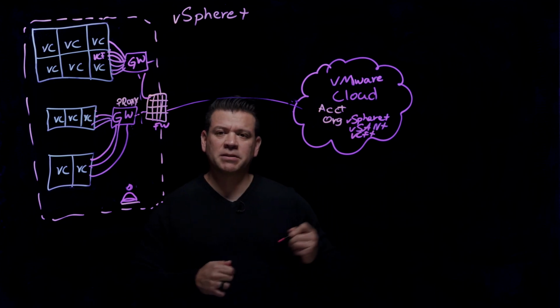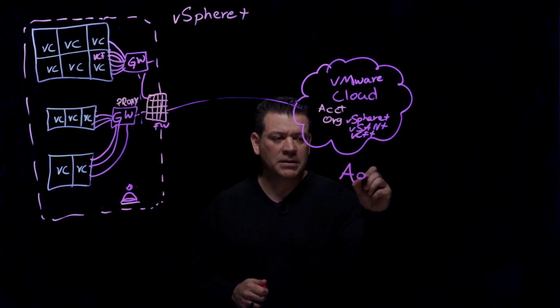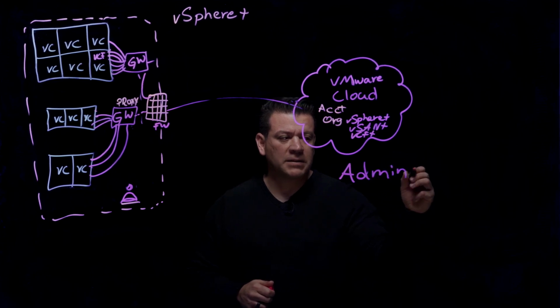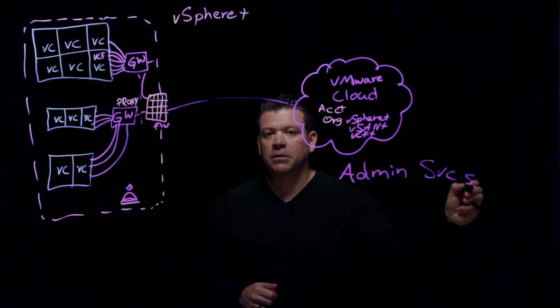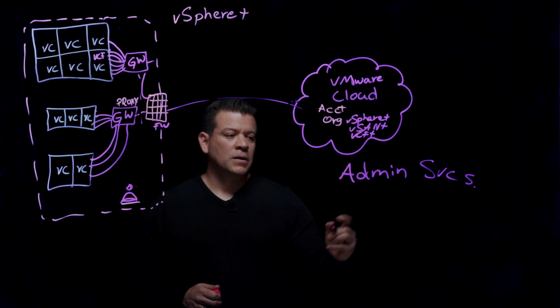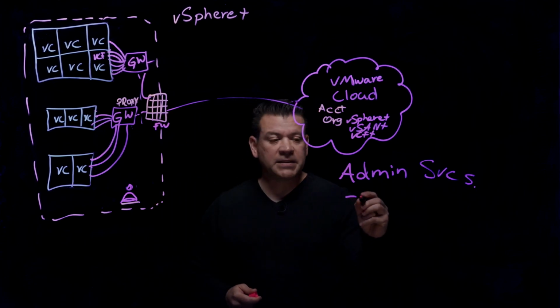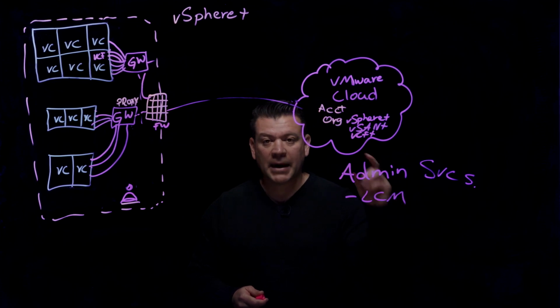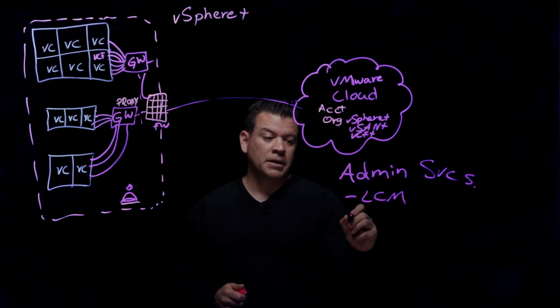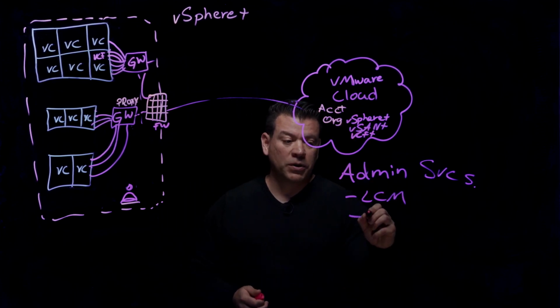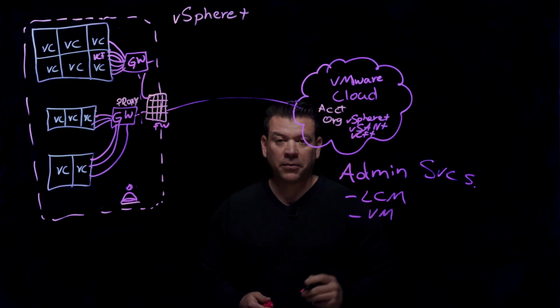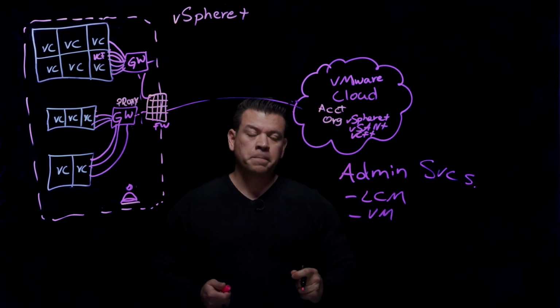We talked about admin services, and this is one of the services that our customers love from vSphere Plus. We have an easy way to do upgrades of vCenters from a cloud console. We're able to create VMs, power them off, start them back up.